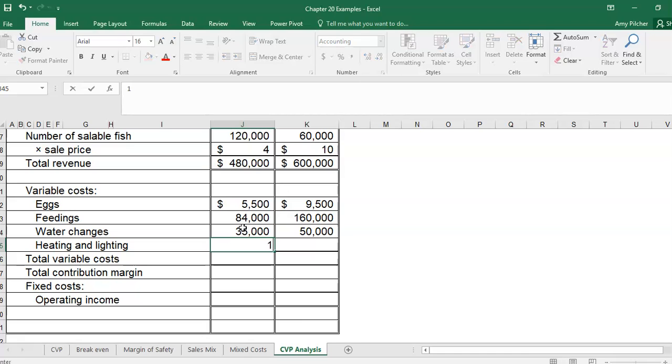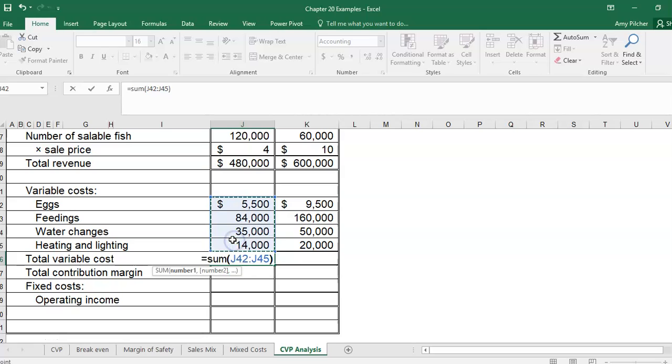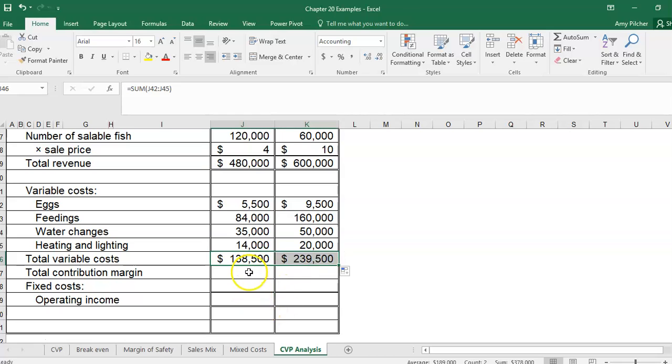Our heating and lighting costs stay exactly the same as they were in our previous example. So now our total variable costs, with the increased feedings and the decrease in water changes.